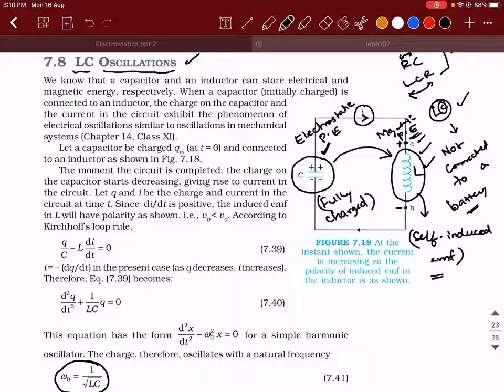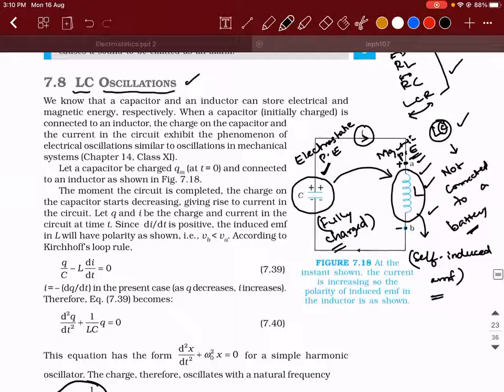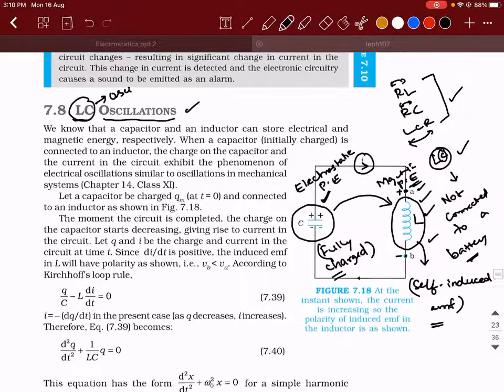As a result, there will be one particular instant at which the capacitor will be fully discharged and the inductor will fully have the back EMF. If this kind of oscillation takes place between the capacitor and inductor, that device is called an LC oscillator.